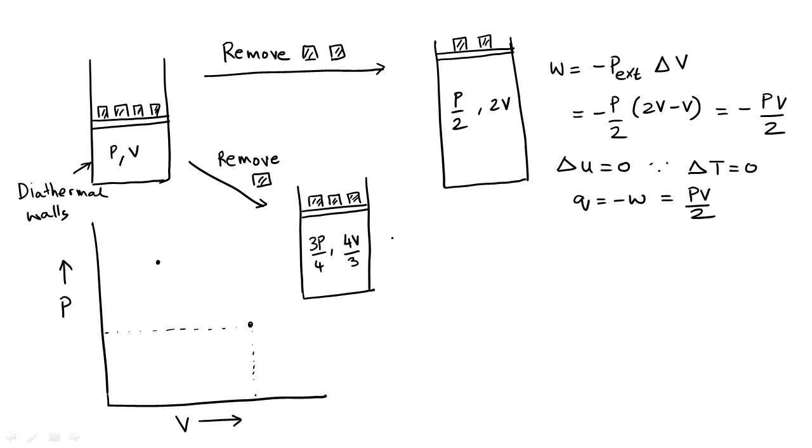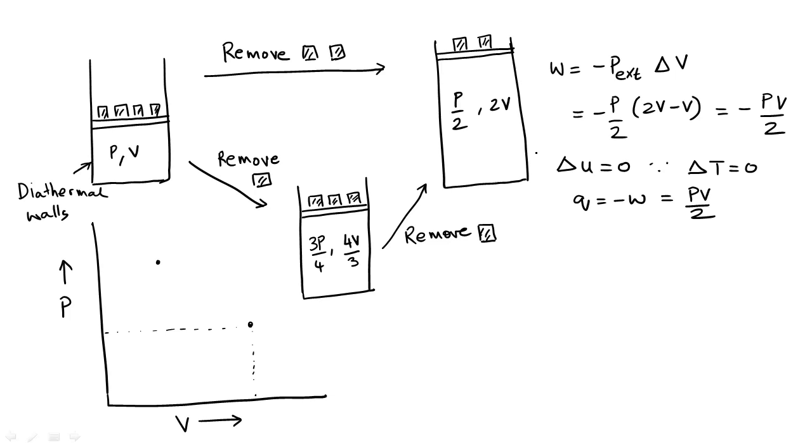In the second step, we remove more weights so that the final pressure is P by 2 and the volume 2V. So the final state is just like before.